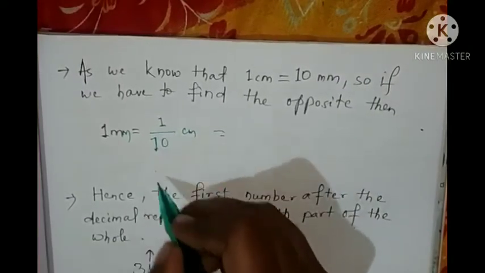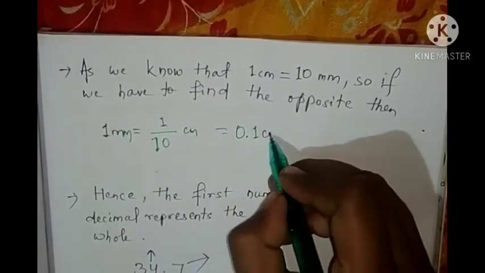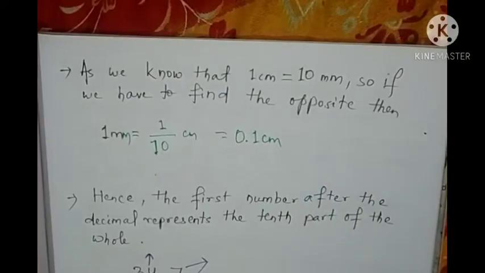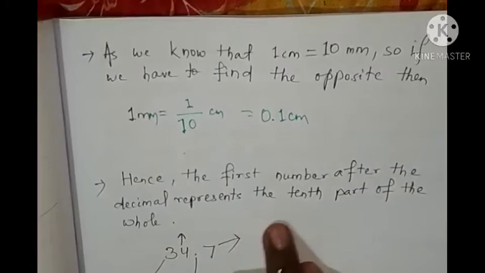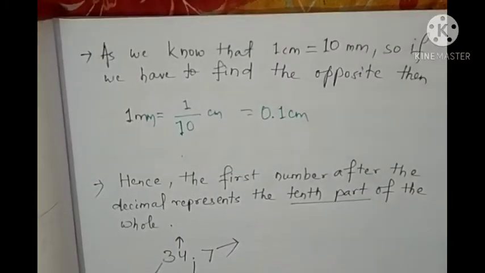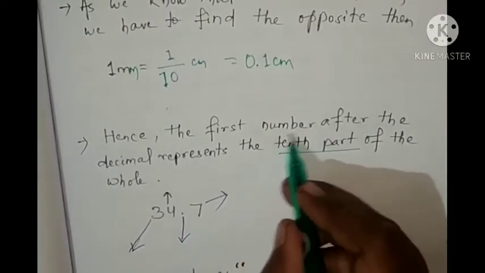This 1 by 10 we can represent as 0.1 centimeter. Hence the first number after the decimal represents the tenth part of the whole. So the number after the decimal is called the tenth part.